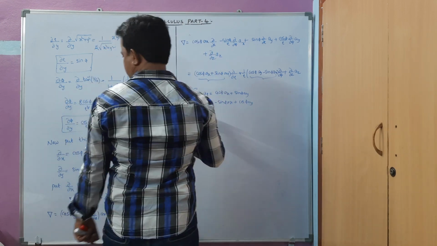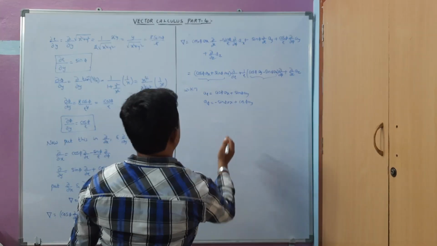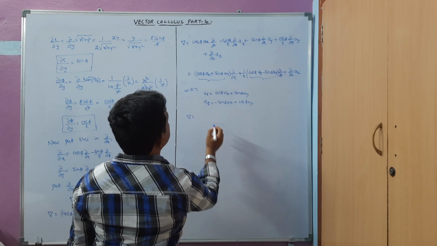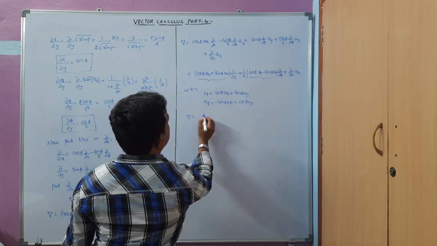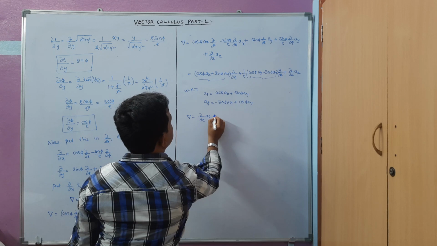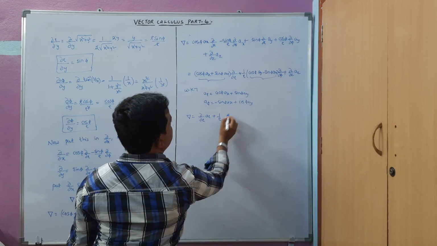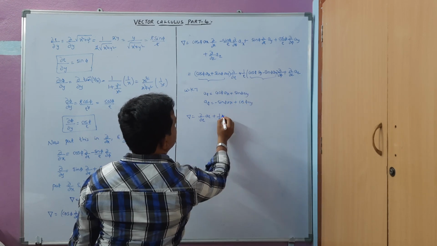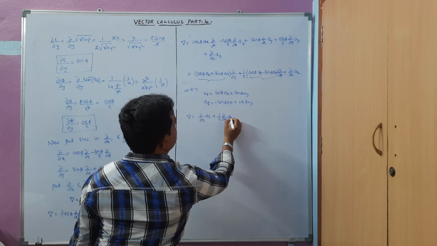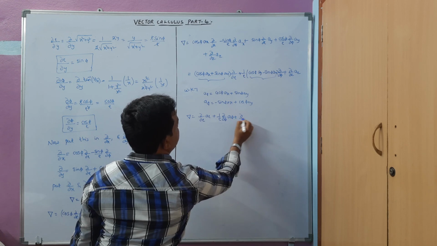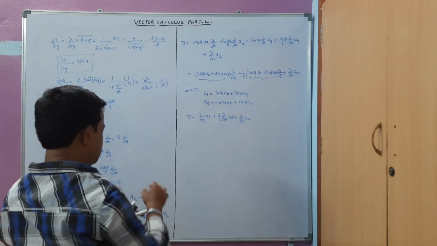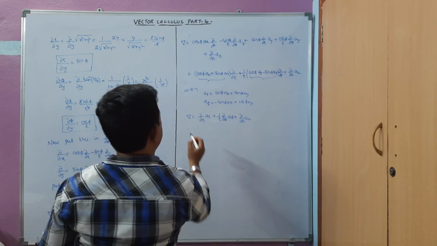After substituting, the equation changes to: del operator in cylindrical is ∂/∂ρ of aρ, plus 1 by ρ ∂/∂φ of aφ, plus ∂/∂z of az.